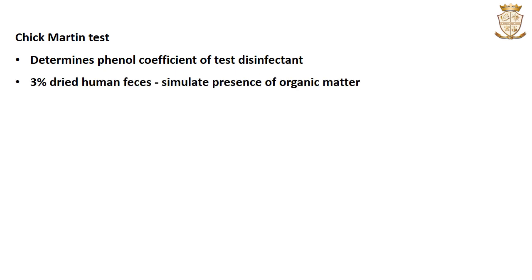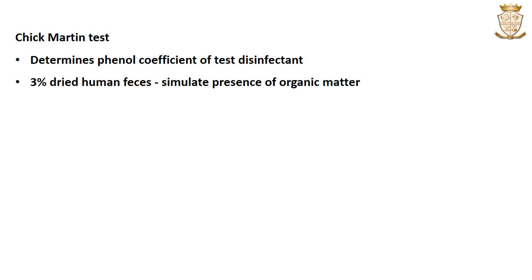Now we will discuss the second type of phenol coefficient test, that is the Chick-Martin test. This test also determines the phenol coefficient of the test disinfectant as in the Rideal Walker method. But here, to simulate the presence of organic matter, 3% of dried human fecal matter will be added along with the test.